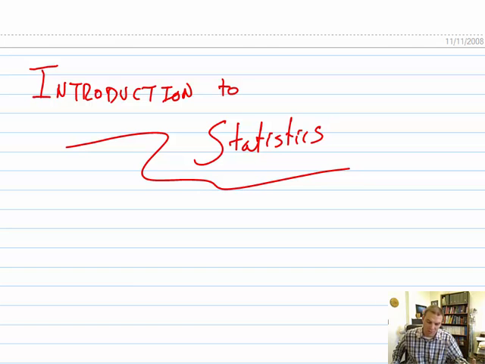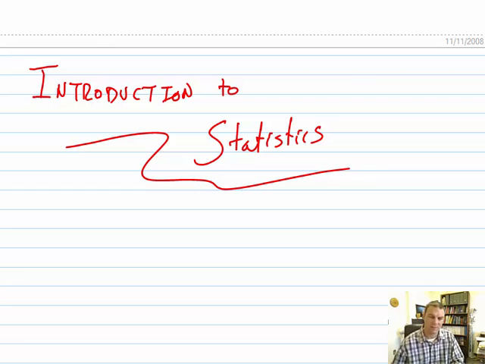Statistics in general is the study of random numbers and random events which occur that we can add a number to or place a number to. And when we talk about statistics, we usually talk about two types of variables: variables that take on discrete values, and variables that can take on a wide range or an infinite number of values.